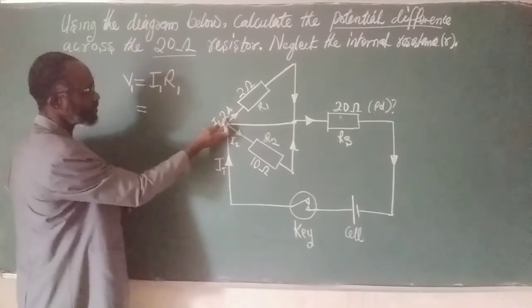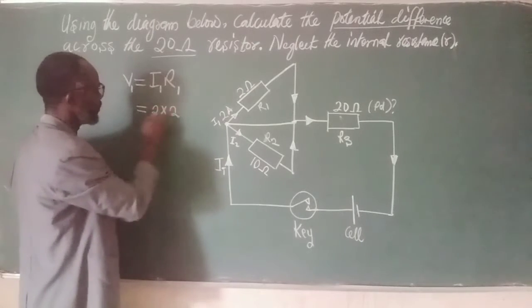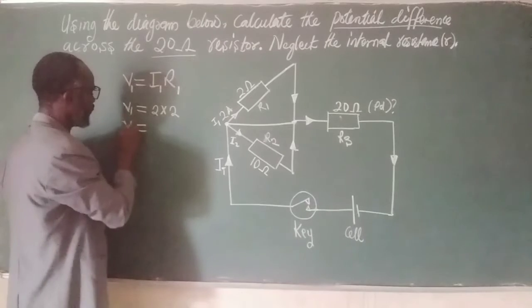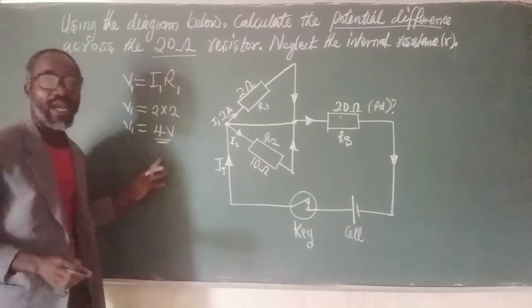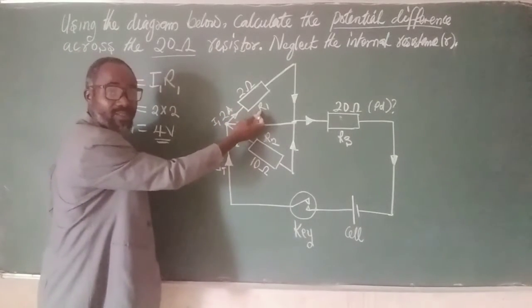I1 is 2 amps, R1 is 2 ohms. So 2 times 2 gives us V1 equals 4 volts. We have the potential difference across R1, that is resistor 1.